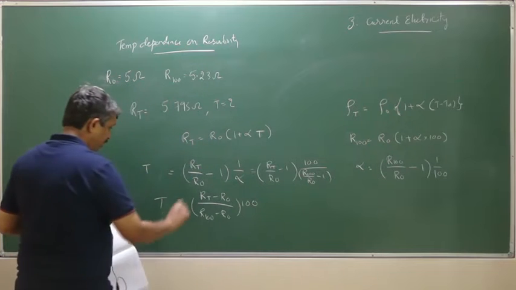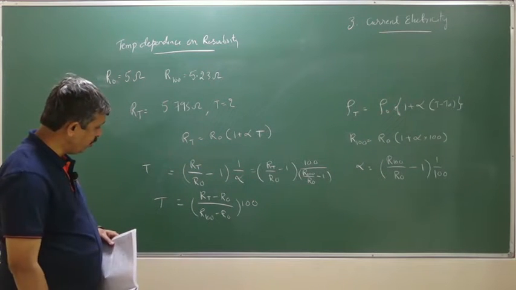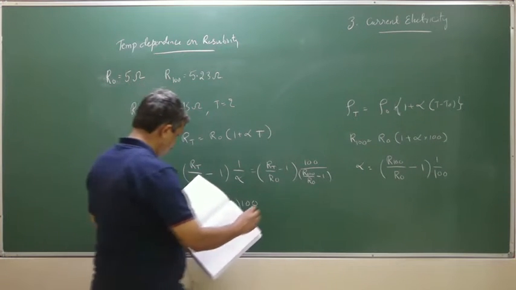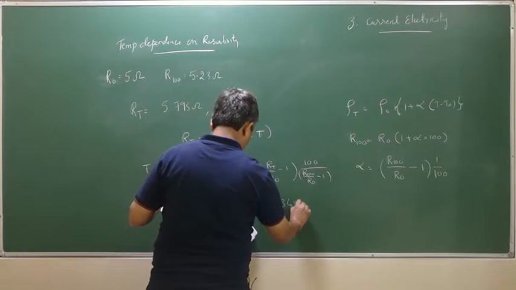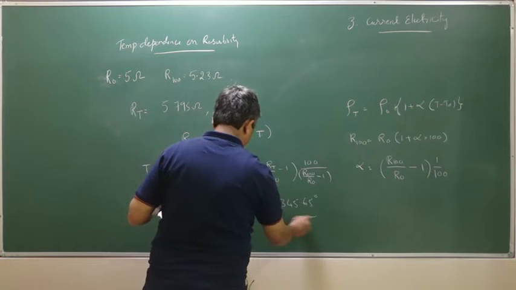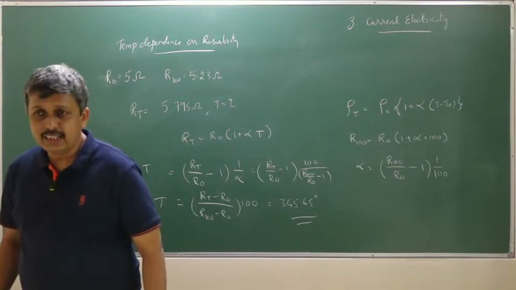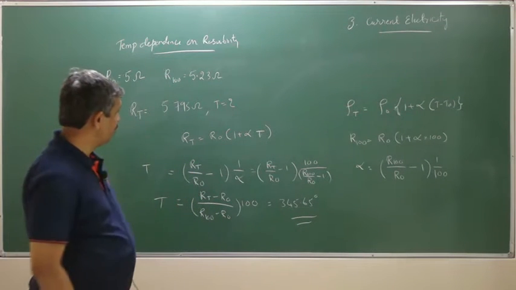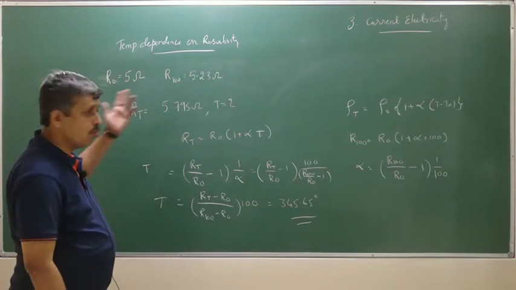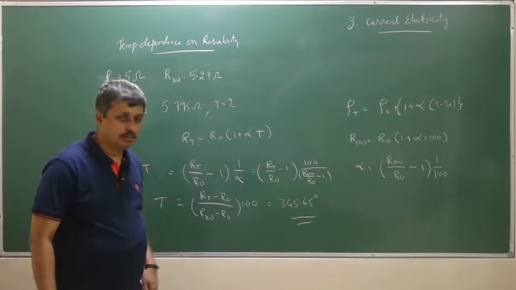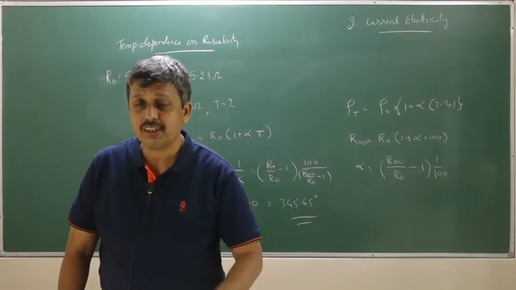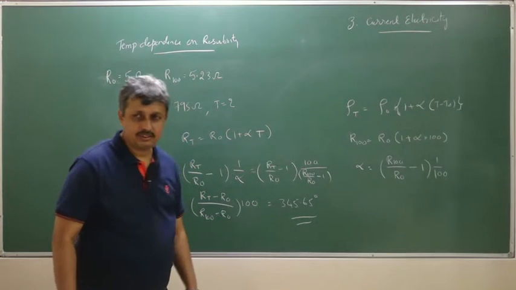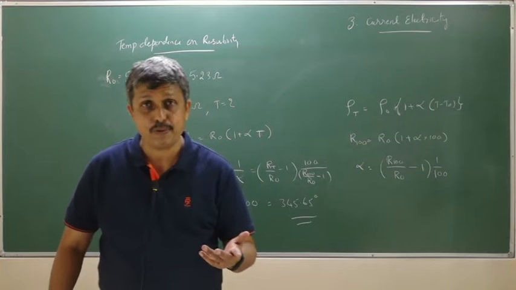Now, I know RT, I know R100, I know R naught, I know everything. The moment you substitute, I got 345.65 degrees. So at 345.65 degrees, the resistance has risen to 5.795 ohms with this alpha for platinum. If you have measured 5.795 ohms, that means the temperature is 345.65 degrees. That is how the platinum resistance thermometer works.